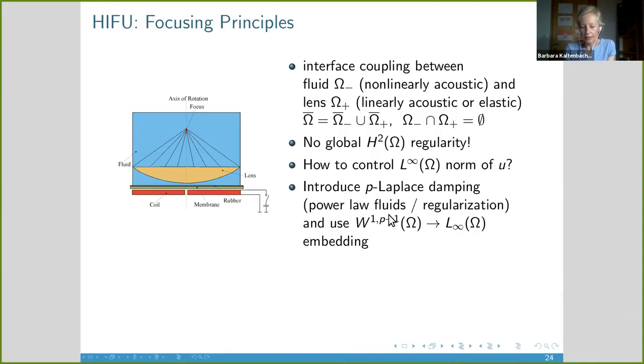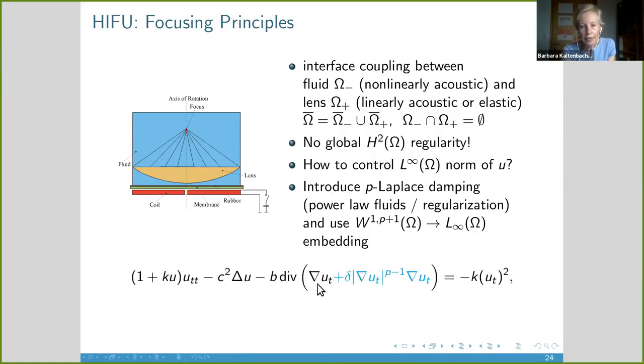There exists what is called power law fluids, where the damping is done by a P-Laplace operator. So it looks like this. This is our previous damping term, so P times Laplace of ut. And then introducing the P-Laplace damping gives us this additional term here.